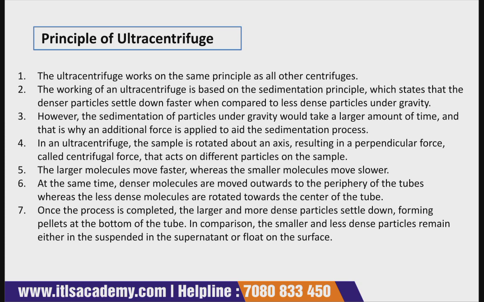At the same time, denser molecules are moved outward to the periphery of the tube, whereas the less dense molecules are rotated towards the center of the tube. Once the process is completed, the larger and more dense particles settle down, forming the pellet at the bottom of the tube. In comparison, the smaller and less dense particles remain suspended in the supernatant, or float on the surface.